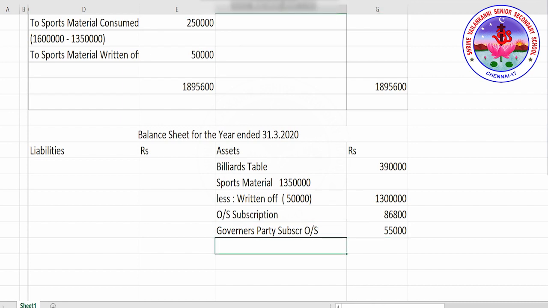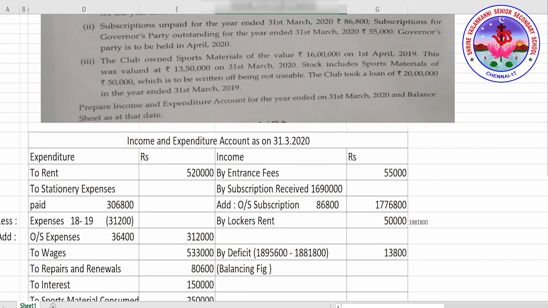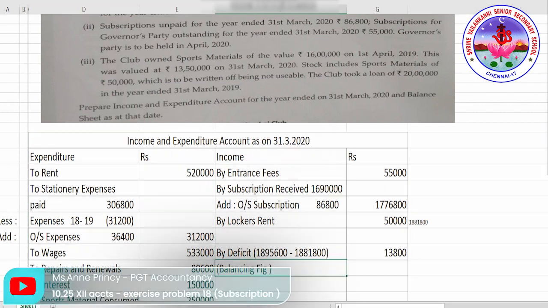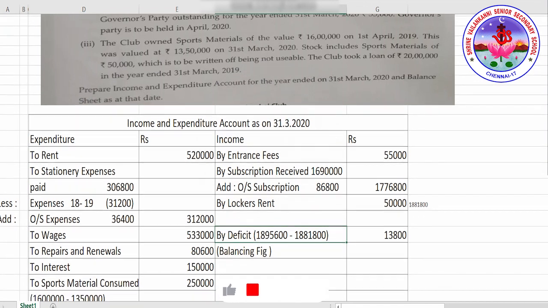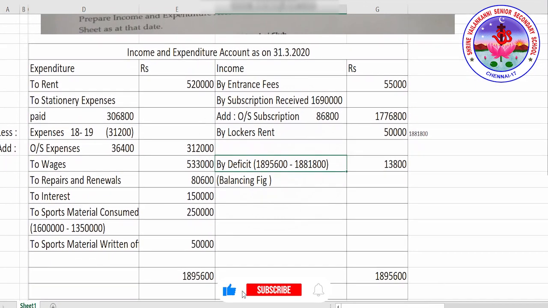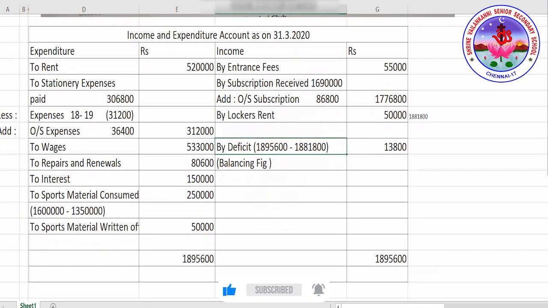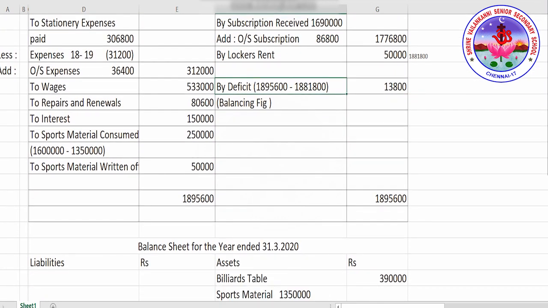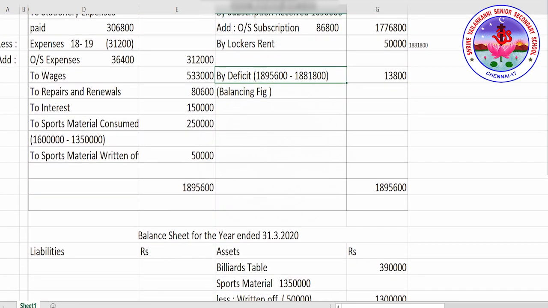Then there is a deficit in the income and expenditure account. This deficit, what are we going to do? We need to show it on the asset side. So on 1st April, deficiency 13 lakh.